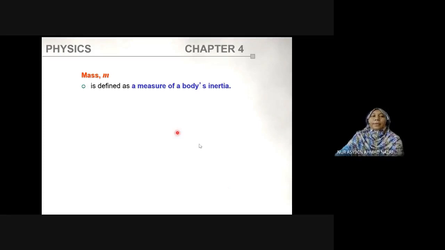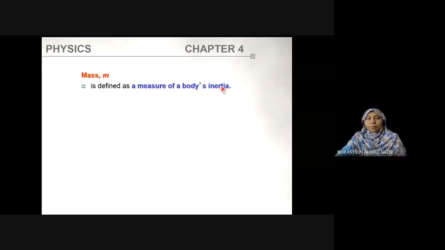Okay, mass. Most of the problems that we're going to solve related with law of motion is about a body, and a body akan ada mass. So how do we define the mass? Mass is a measure of a body's inertia.